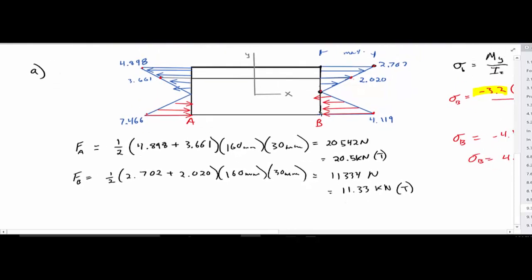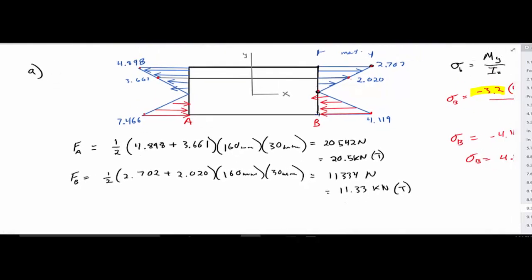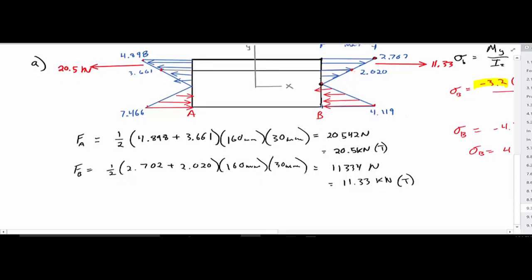Okay, so for our resultant forces, we'll add these to our diagram, going this direction and this direction, and this one was 20.5 kilonewtons, and here was 11.33 kilonewtons.